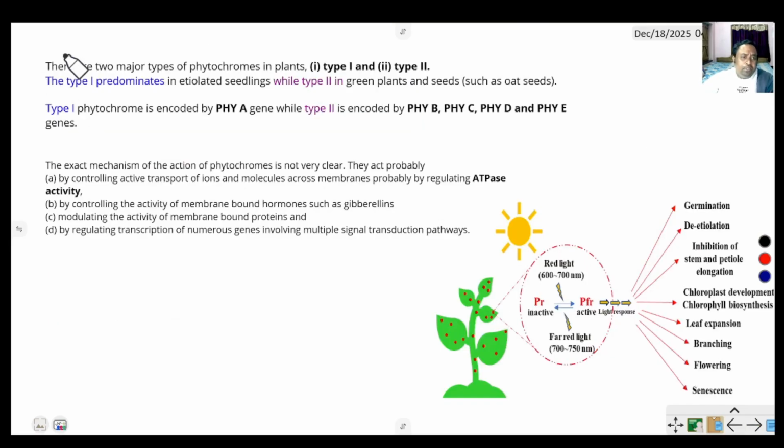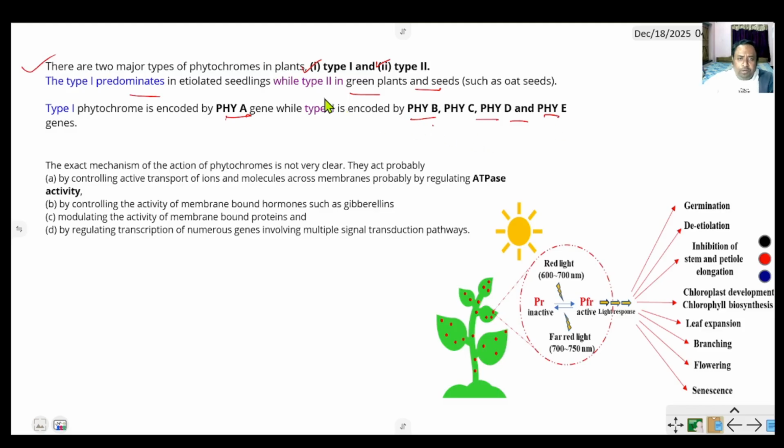There are two major types of phytochrome in plants: type 1 phytochrome and type 2 phytochrome. Type 1 phytochrome is encoded by the phytochrome A gene, while type 2 is encoded by the phytochrome B, C, D and E genes. Clear?